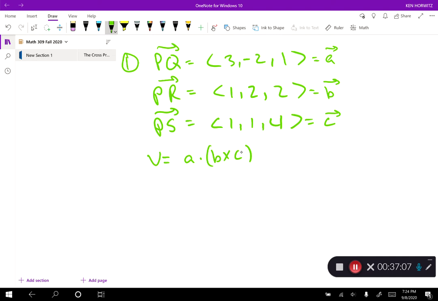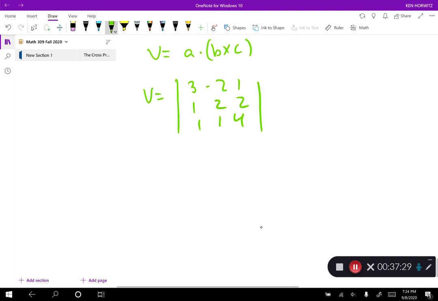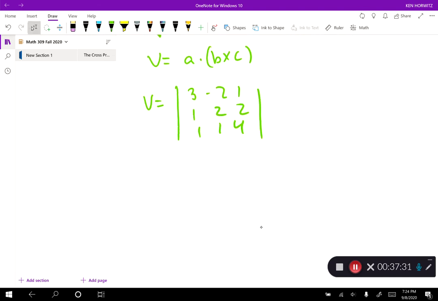We can do it with a 3x3 matrix as long as we put our first vector on top. So I can say volume equals the determinant of 3, negative 2, 1; 1, 2, 2; and 1, 1, 4. This would be the equivalent of doing both of those operations all at once.